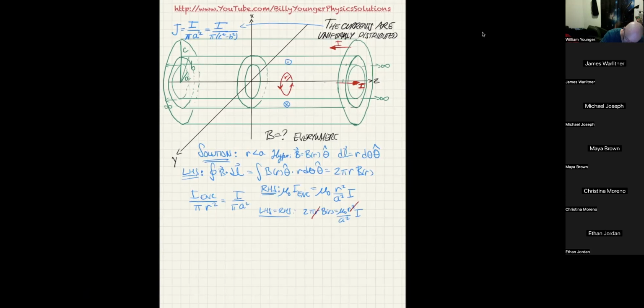So now I can finally say that B is equal to mu 0 I over 2 pi A squared times R, but it points in the theta hat direction. And this is for R less than A.